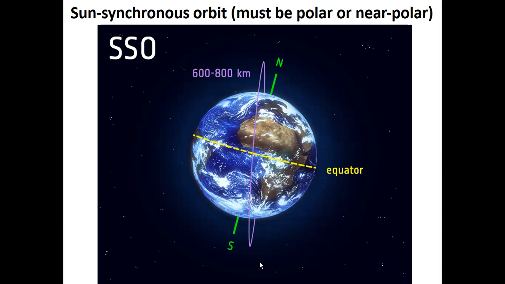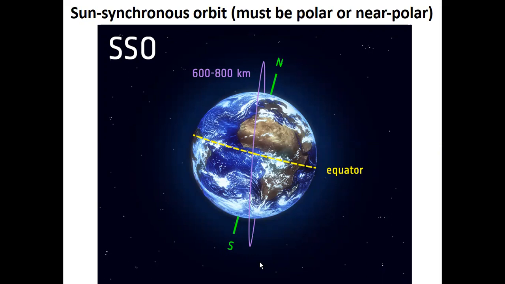But each time it flies over the sunlit side of Earth, it crosses the equator approximately at the same local time.